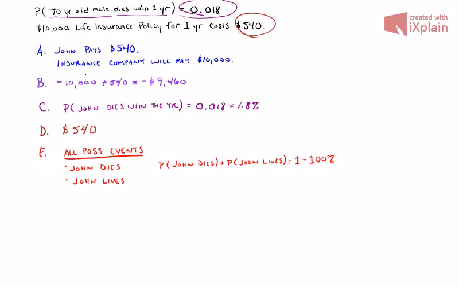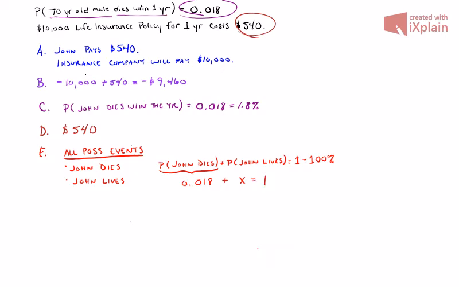Well, we know in this case that the probability that John dies is going to be 0.018. Say we don't know the probability of John living, and technically we don't. Maybe we could use a variable here right now just to hold its place. But we know that this is going to be equal to 1.